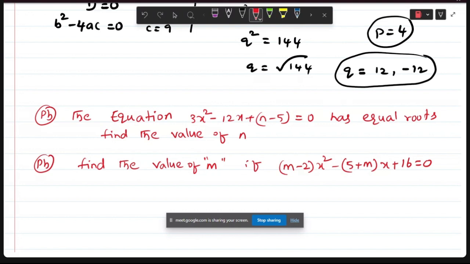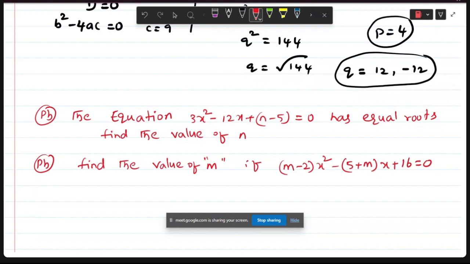So n is equal to 19. Yes, tell me. n value is 19.